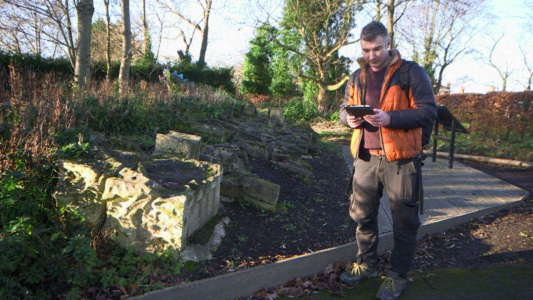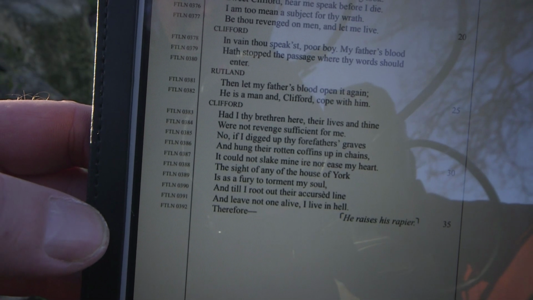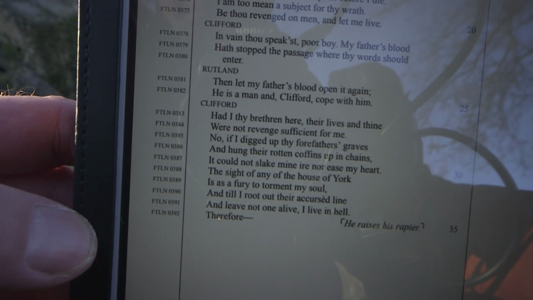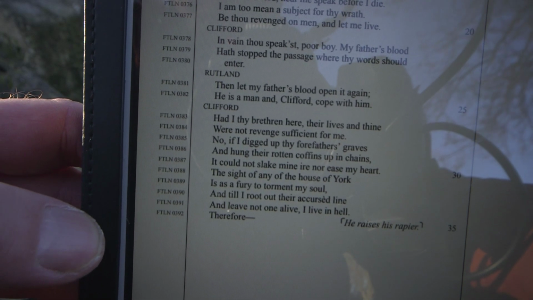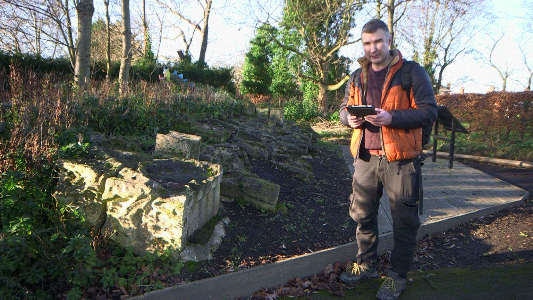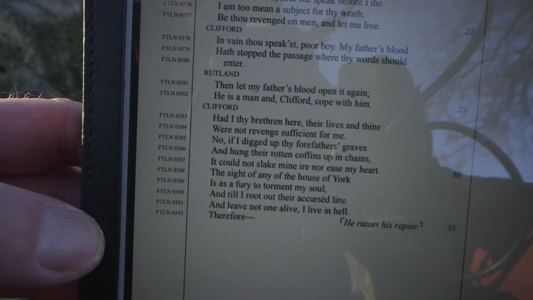And Clifford finishes with, "It could not slake mine ire, nor ease my heart. The sight of any of the house of York is a fury to torment my soul. Until I root out their accursed line, and leave not one alive, I live in hell. Therefore," and it's at that point he raises his rapier to kill Edmund.